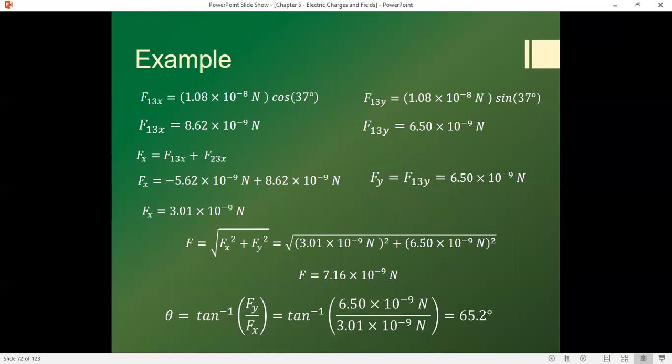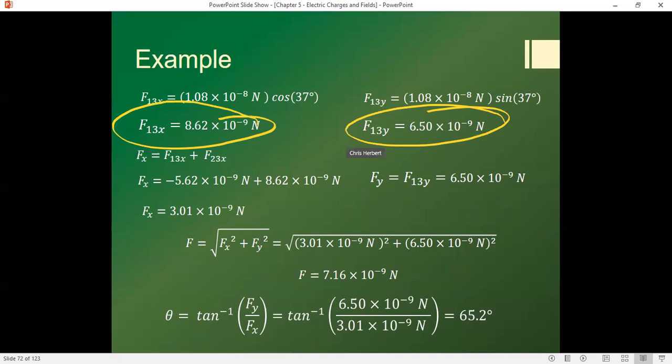Okay, so I find my x component, I find my y component. Here's my x component of that, my y component of that. Okay, and now I'm going to add the x's to the x's, get my total x. And since there's only one y component, it simply becomes F13y.